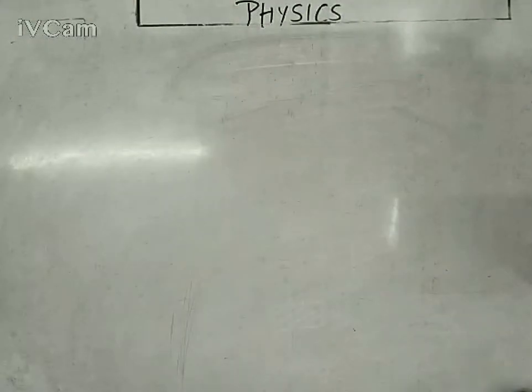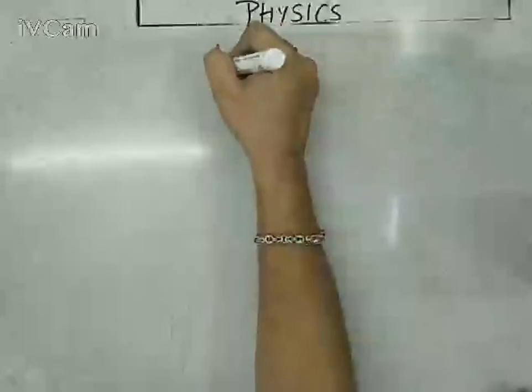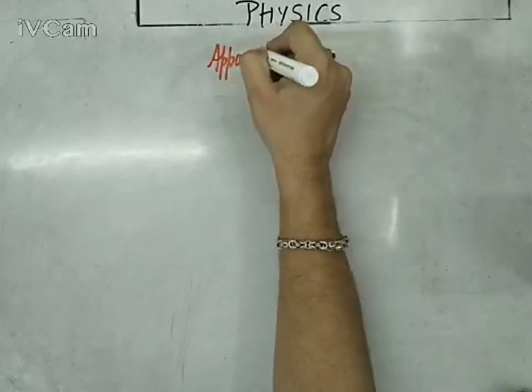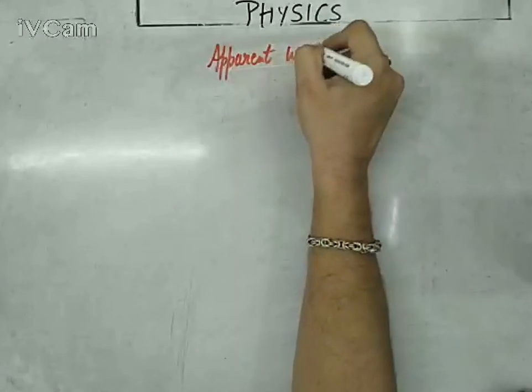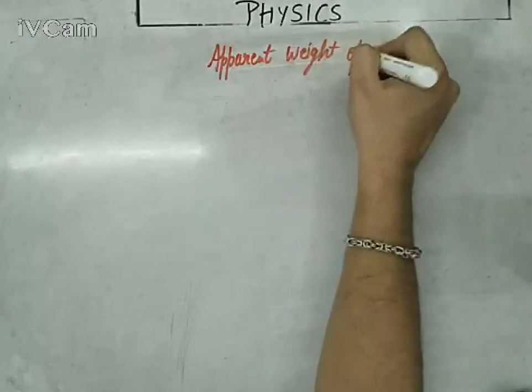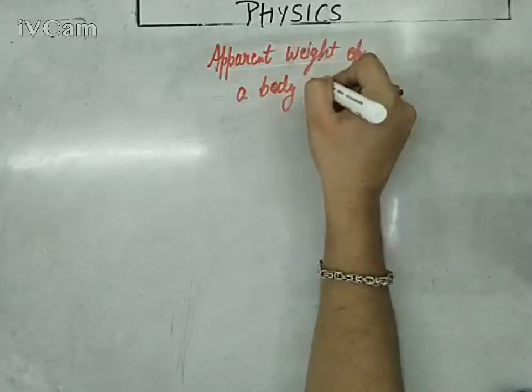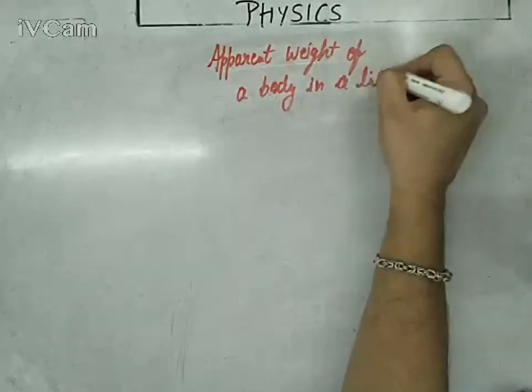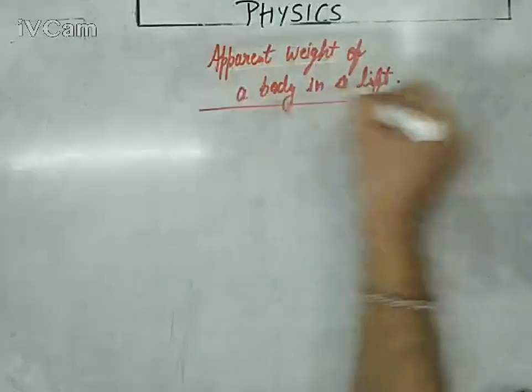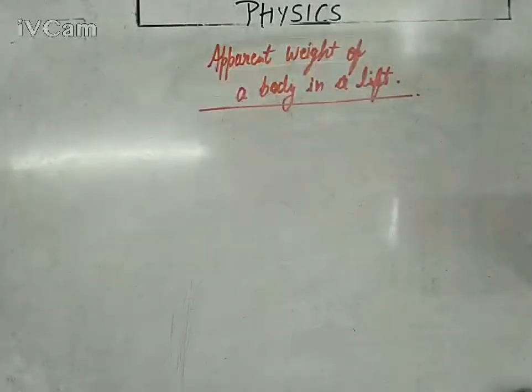Our next topic is apparent weight of a body in a lift. We know it very well that in a moving lift, a person usually feels an apparent weight, meaning a variation in his weight.